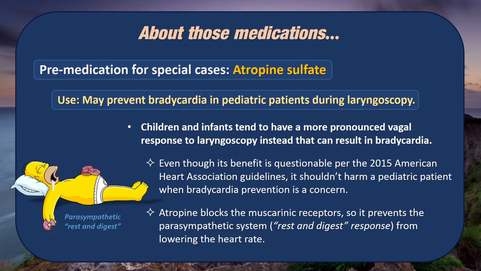So this atropine will help buffer that. Although the 2015 AHA guidelines did state that there should be some consideration about using this to prevent bradycardia, as far as our protocols are concerned, we are still going to continue to use atropine as a pre-drug for the RSI process on children.